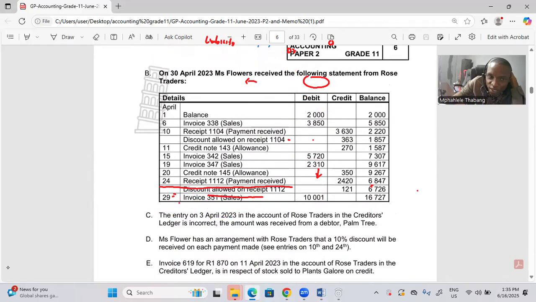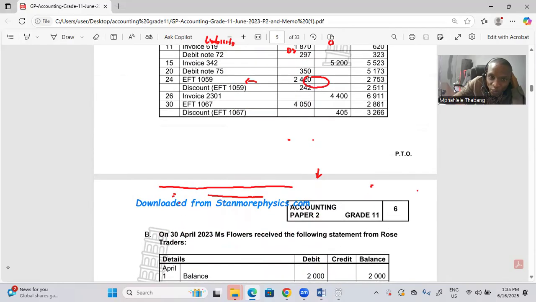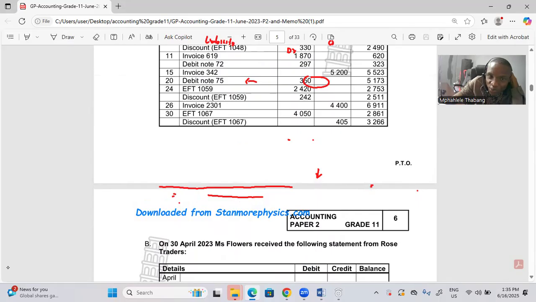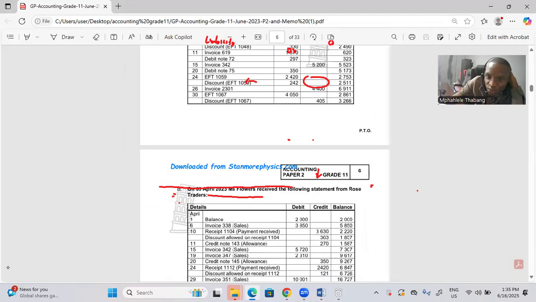Let me go to the creditors ledger. On the 15th, there is an invoice 342, which shows 5,200. If you check the 15th date, you see that in the creditors ledger, we recorded 5,200.